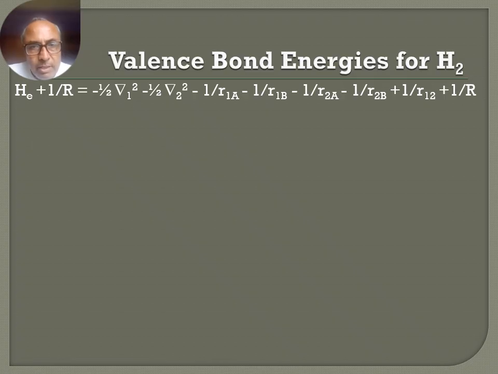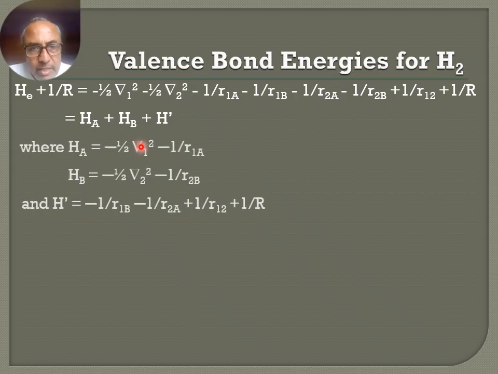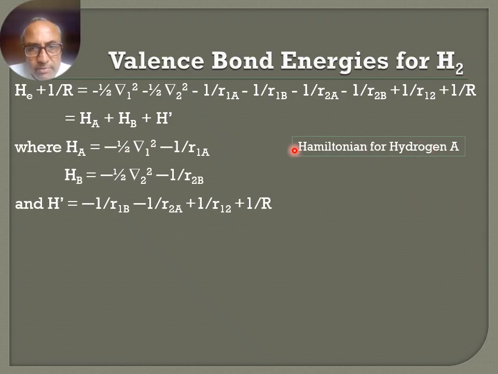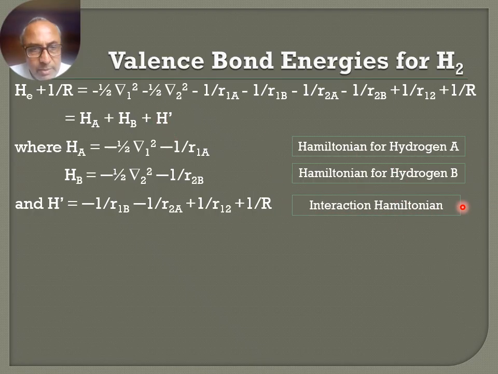We can separate out this electronic Hamiltonian into HA, the Hamiltonian for hydrogen atom A, plus HB, the Hamiltonian for hydrogen atom B, plus H dash, the interaction Hamiltonian.